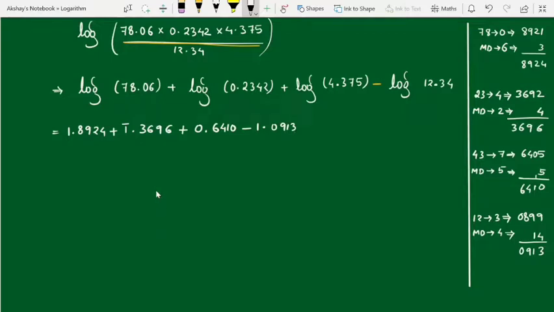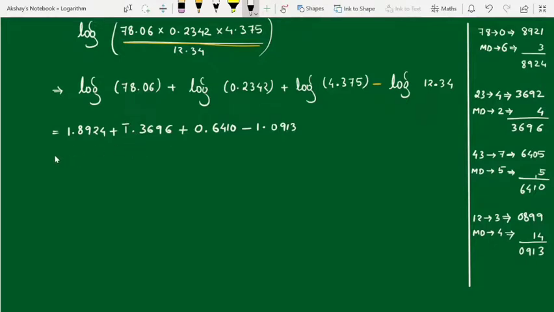Now here you have to understand one most important factor, that here what you are getting is this 1 bar and here you are getting this minus 1.0913. This is entirely negative quantity. But this part is not entirely negative quantity. 1 bar means negative, but this 0.3696 is positive quantity.